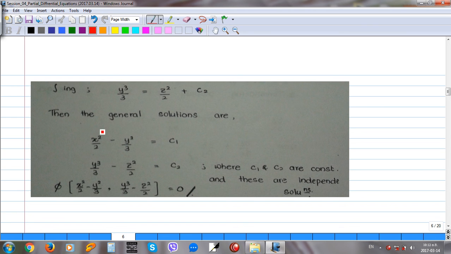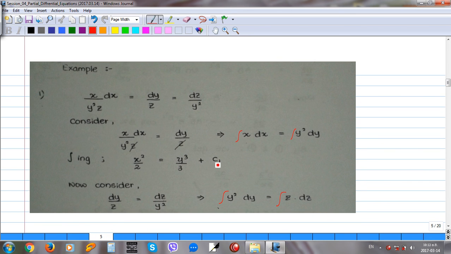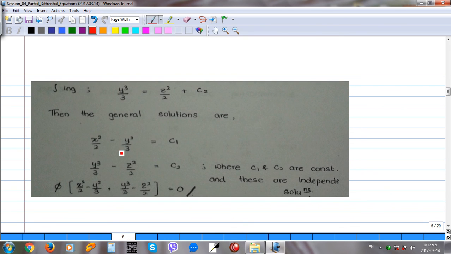Then we can subtract c1, so it is x square over 2 minus y cube over 3, and c2 also we can subtract, then y cube over 3 minus z square over 2.